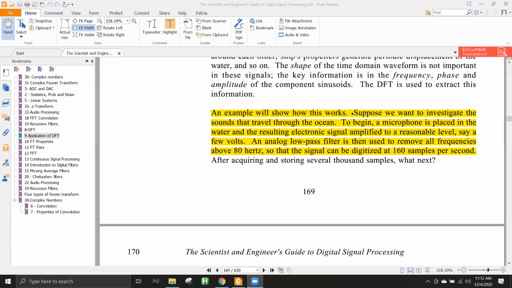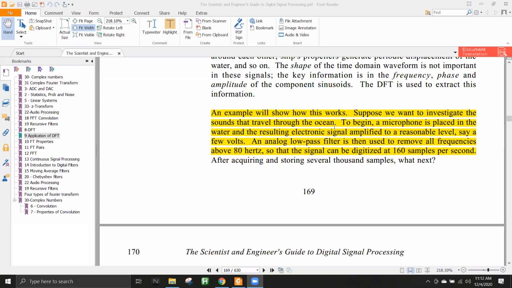So the scenario that they created is basically, suppose you are trying to investigate the sounds that travel through the ocean. Basically, you're trying to investigate some underwater sound, some frequency and everything from underwater sounds. Something similar was given to the lab group A in this week's lab.